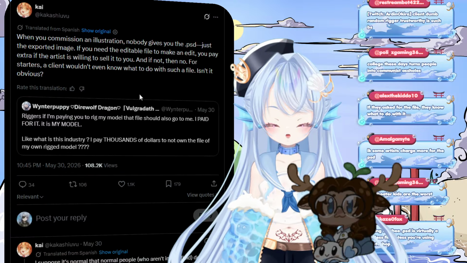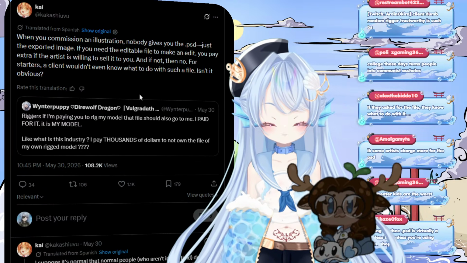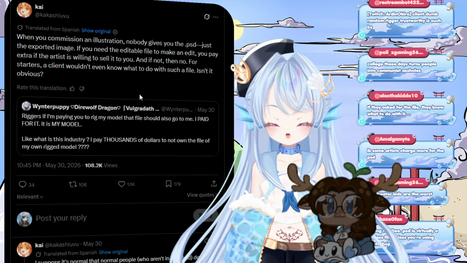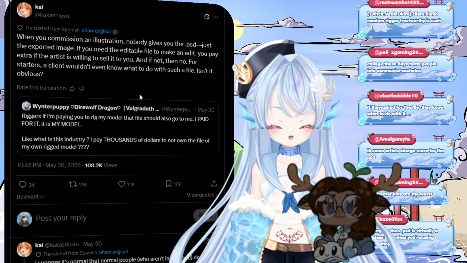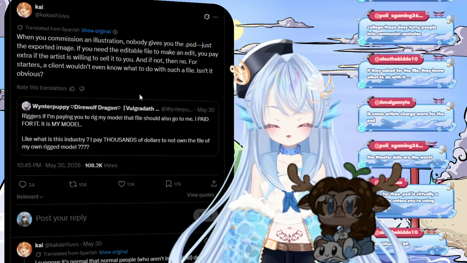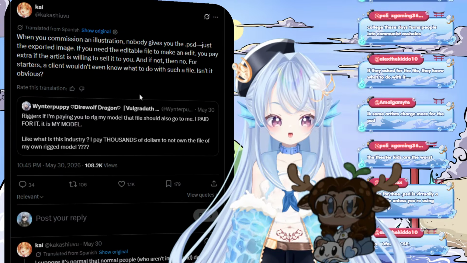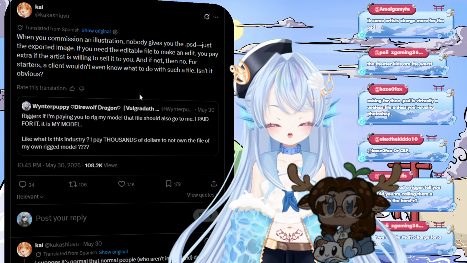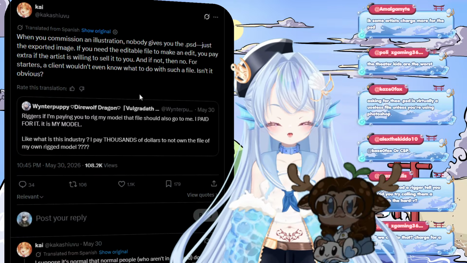Asking for the PSD is virtually useless unless you're using Photoshop. Yeah, you can technically open a PSD with other programs, but it breaks it. I say this as somebody that used to do art, used to use Photoshop. When I tried to swap to other programs, you couldn't carry over the PSD. A lot of programs would promise you, yeah, you can bring over your PSDs, they work fine with us.